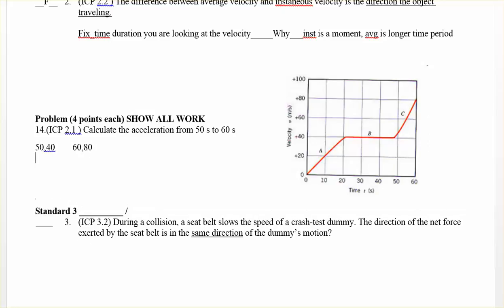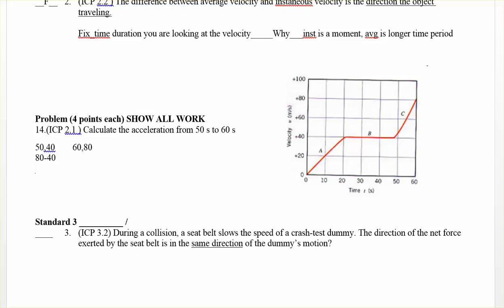Now 80 minus 40 on top gives 40, and 60 minus 50 on the bottom is 10. So 40 over 10 is 4 meters per second squared.